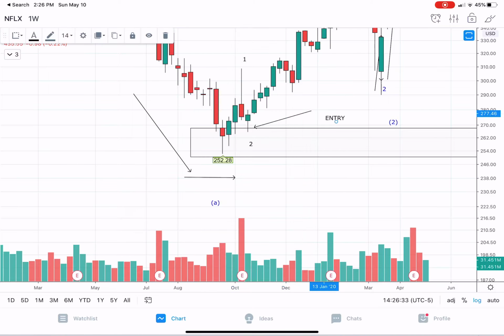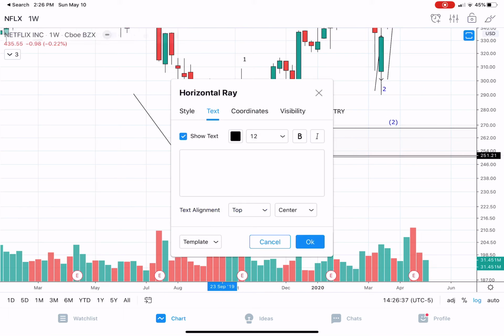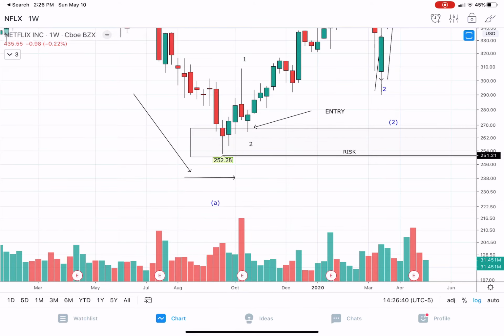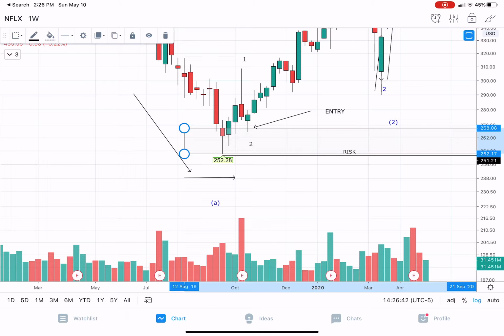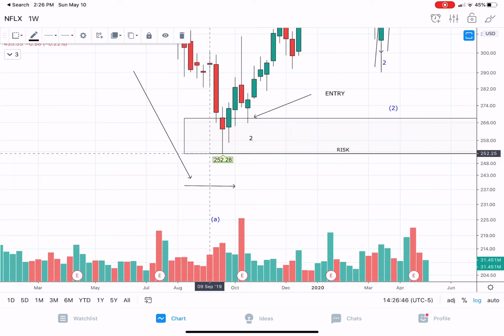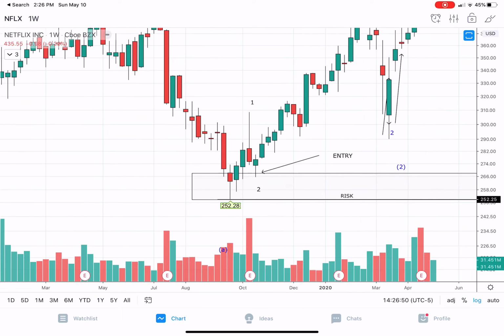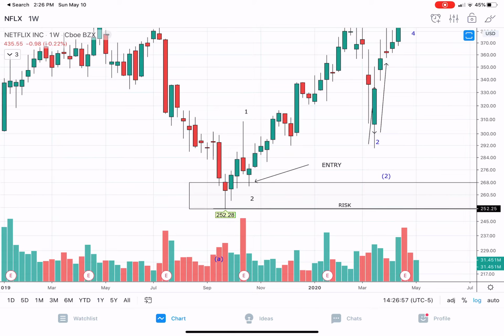Entry. And then your risk would be if it broke below this low. The entry is on the level here with a stop below the low here.